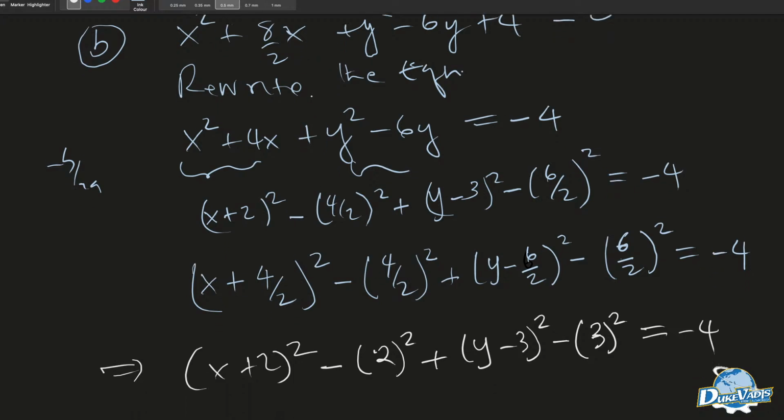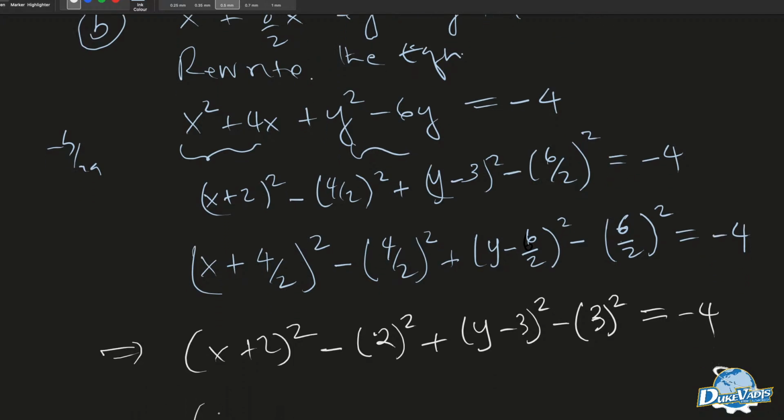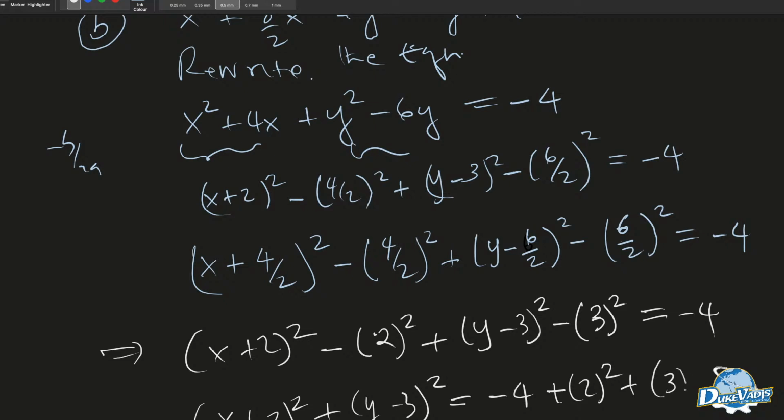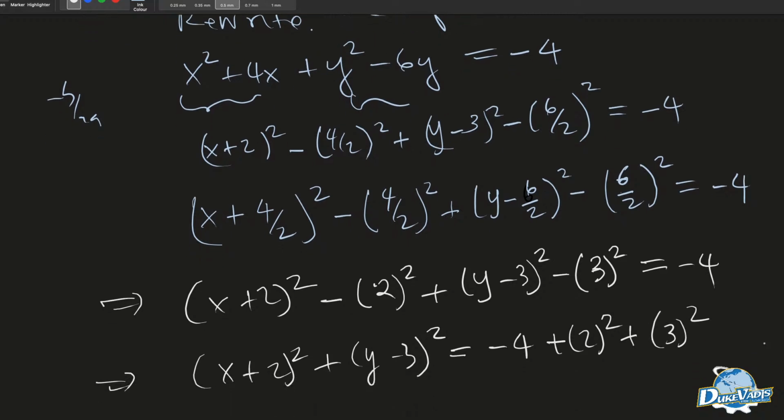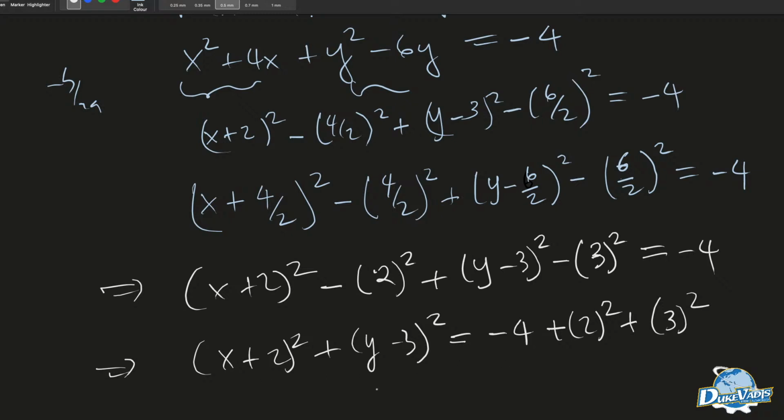So if we simplify very well, we have x plus 2 squared and y minus 3 squared equals minus 4, and this one will come here. It will be plus 2 squared, and this will be 3 squared. So this will give us x plus 2 squared plus y minus 3 squared.